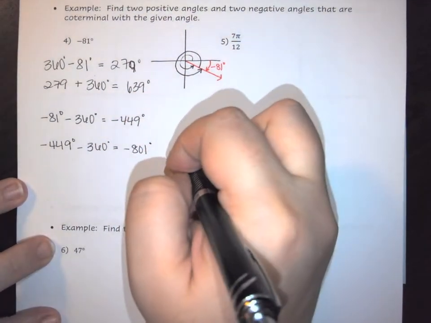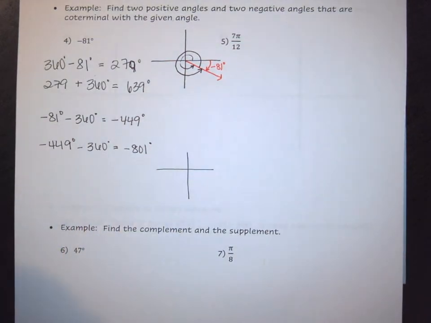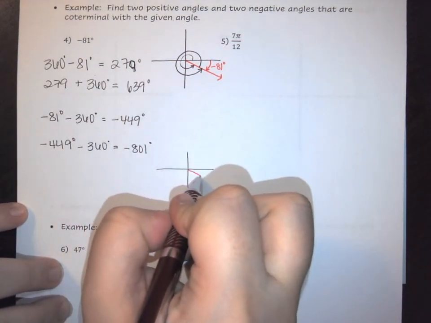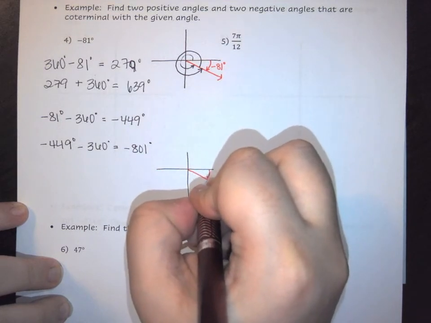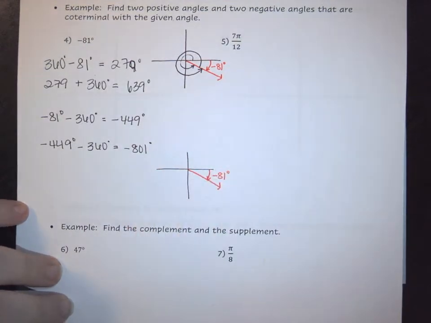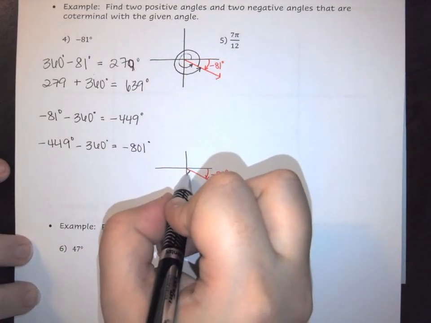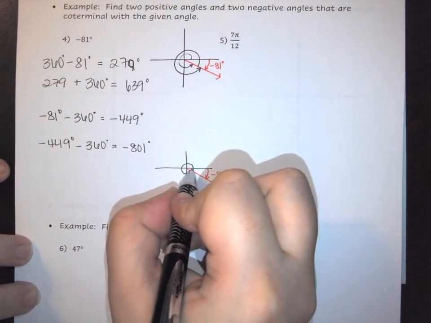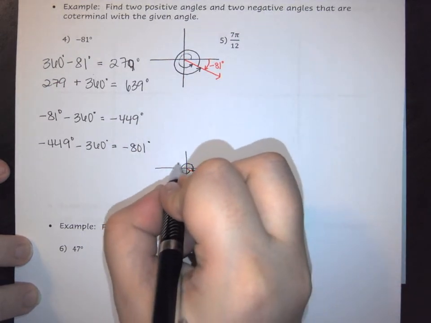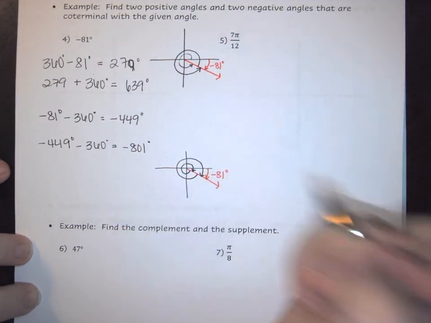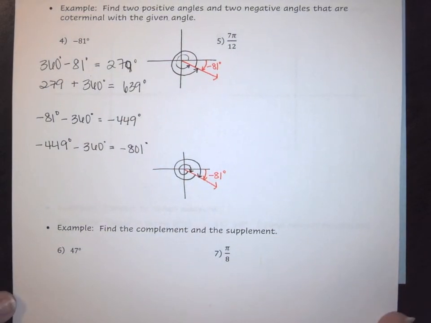So again, if you want a visual on what's going on, here's the negative 81, so this is our original angle right here at negative 81 degrees. The first thing we did is we took that and said, let's go a negative rotation. And then we did it one more time, a second negative rotation. And that gives you your coterminal angles.